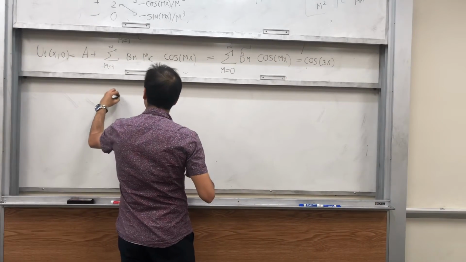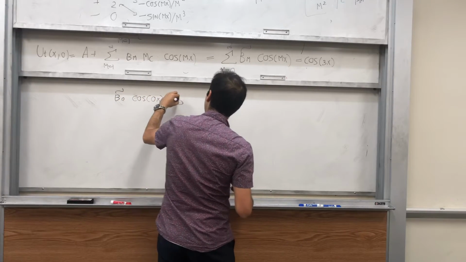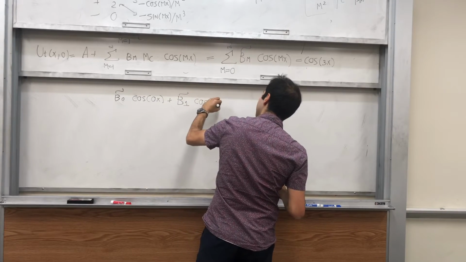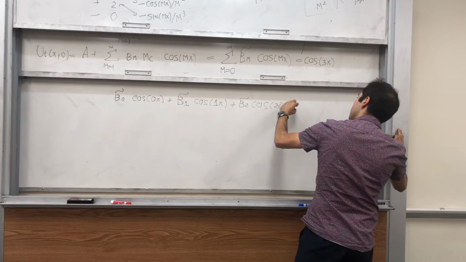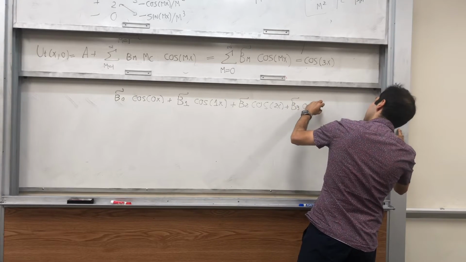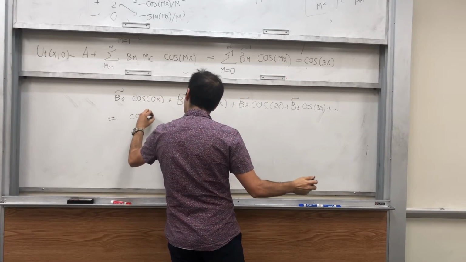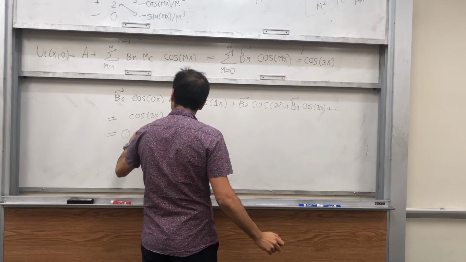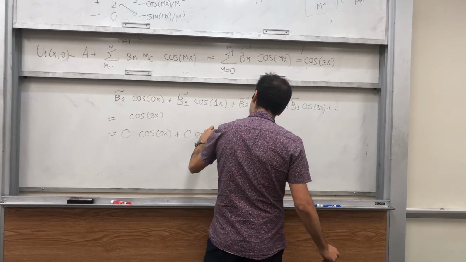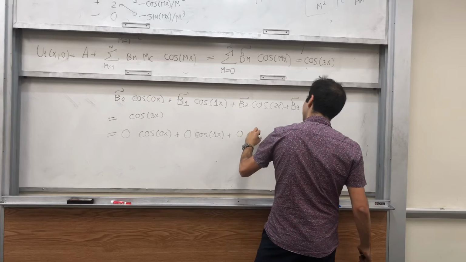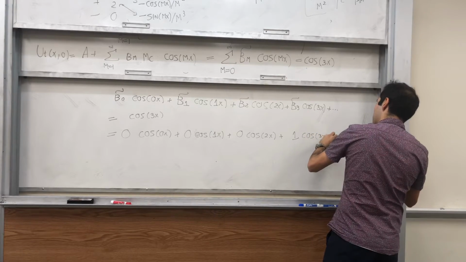It's saying that b0 squiggle cosine 0 plus b1 squiggle cosine 1x plus b2 squiggle cosine 2x plus b3 squiggle cosine 3x, etc., equals cosine 3x, which is 0 cosine 0x plus 0 cosine of x plus 0 cosine of 2x plus 1 cosine 3x plus that.